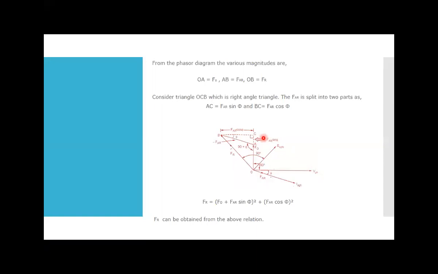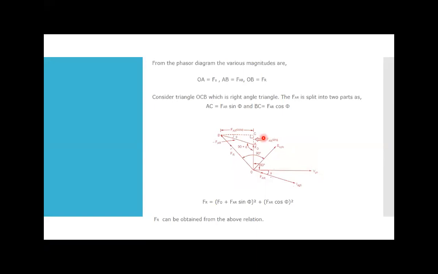Because in short circuit, which current is flowing in the winding? Armature current. So in short circuit, which MMF is generated? FAR. In open circuit, we have the MMF which is known as FO. So FO is at 90 degrees, and FAR is in the same direction as the IAPH.